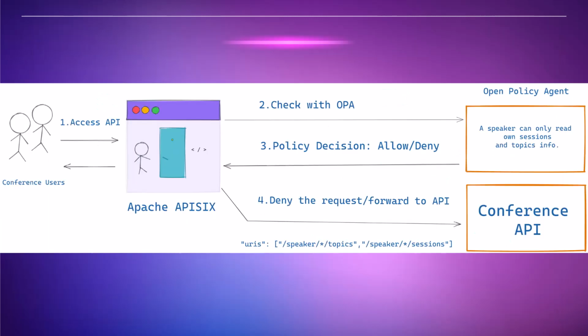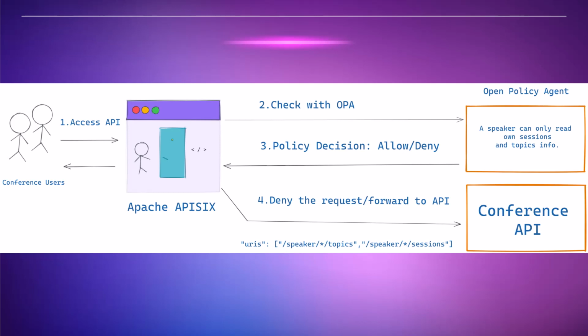Assume that we have a conference API where you can retrieve and edit events, sessions, topics, and speaker information. The speaker can only read their own sessions and topics, while the conference admin can edit and add more sessions and topics for all the speakers.